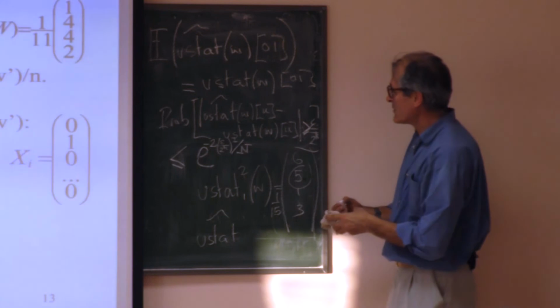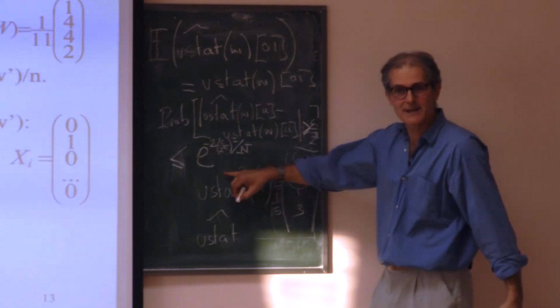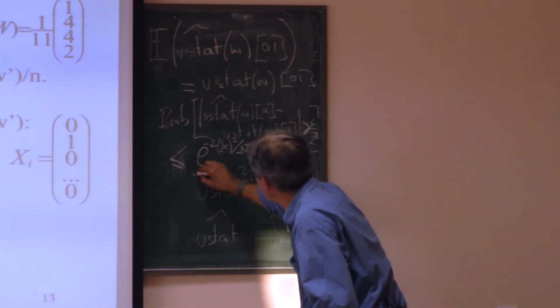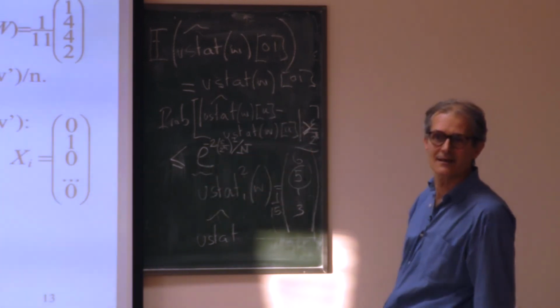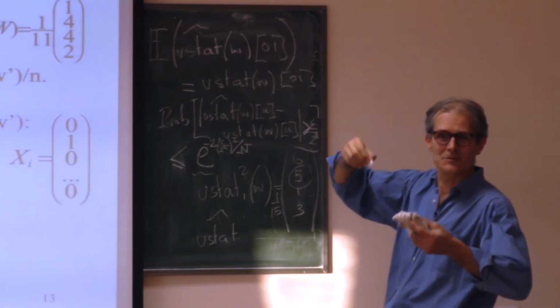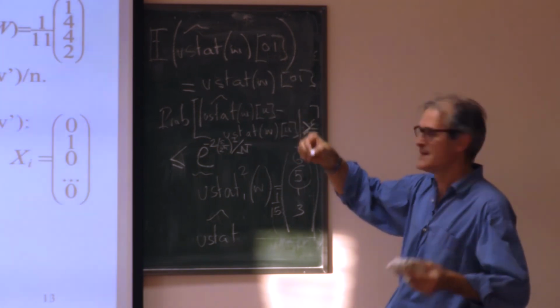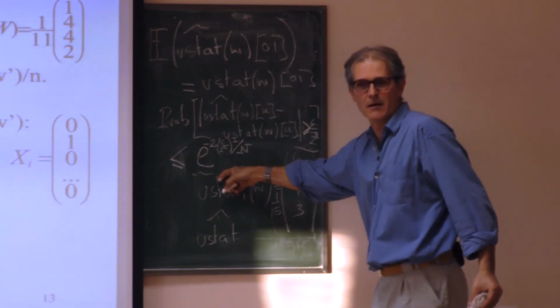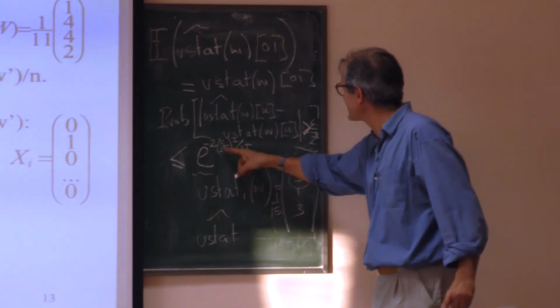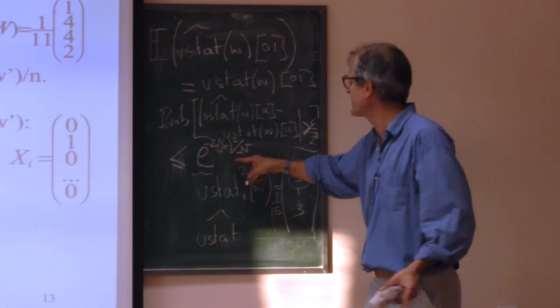So if you want to work with high probability, remember, this is the probability of error essentially. Remember in property testing, we want to do everything with high probability. Now this is exponentially small, as soon as n is bigger than some function of epsilon.